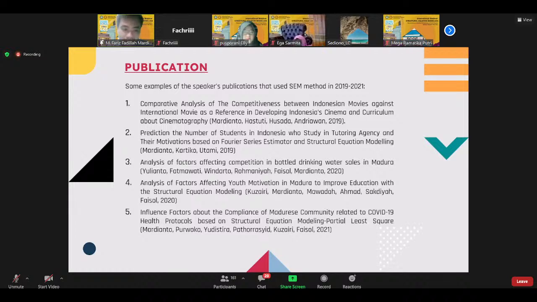And the last one, published in 2021, is titled Influence Factors on the Compliance of Madura's Community with COVID-19 Health Protocol based on partial least squares structural equation modeling. I still have some publications at the national level about SEM.